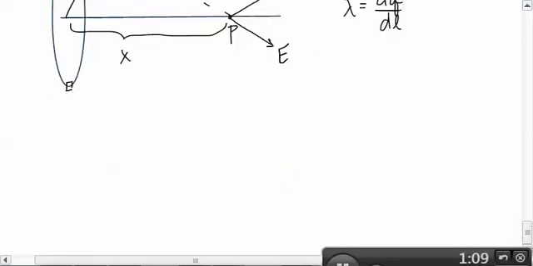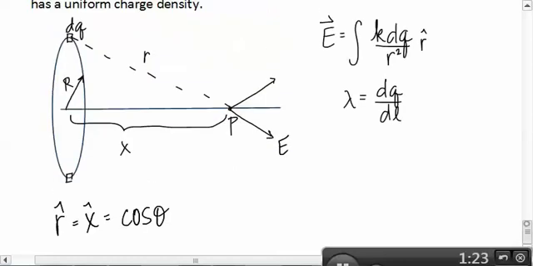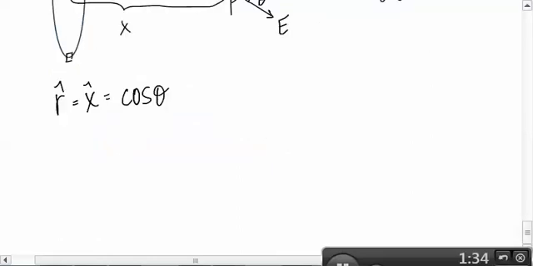So, first of all, our net r hat is in the x direction, and so the x component would be cosine theta. If this is the angle, that would be theta, which makes this theta. So we need the x component.